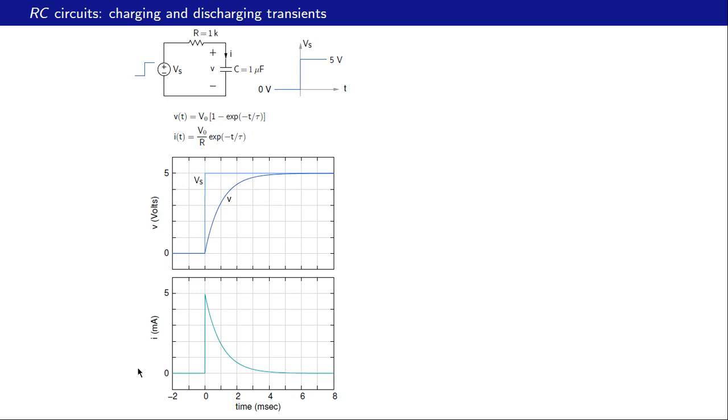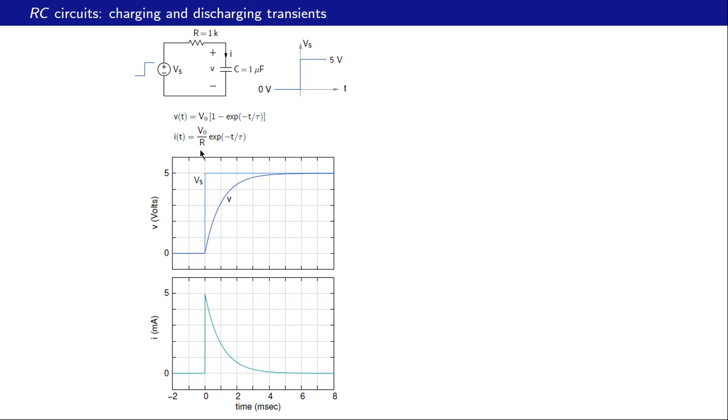Second observation, the capacitor current is always positive, as is also obvious from this equation. This term e raised to minus t by tau is always positive, and V0 and R are positive constants, and therefore the capacitor current is always positive.